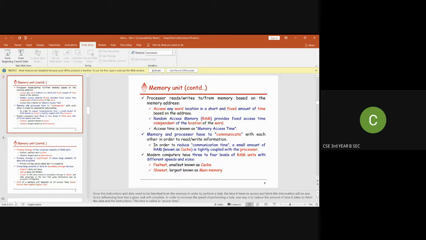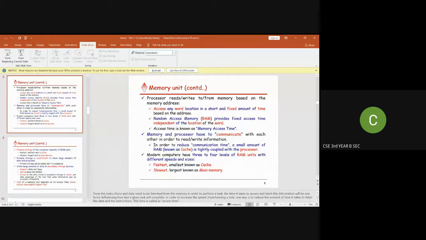Memory and processor have to communicate with each other in order to read or write information. Absolutely. So the processor and the memory should communicate in order to fetch or write information. For any operation, both memory and processor should communicate with each other.